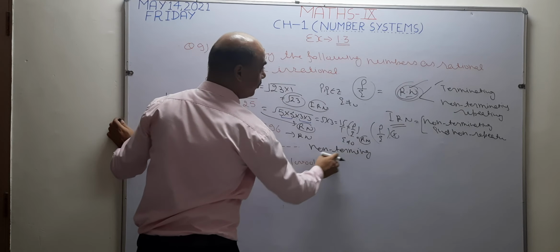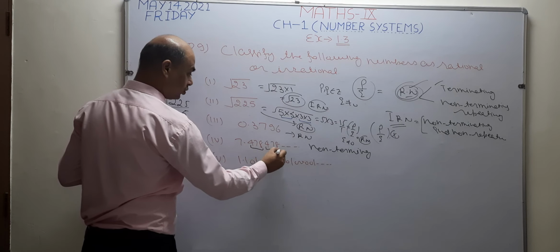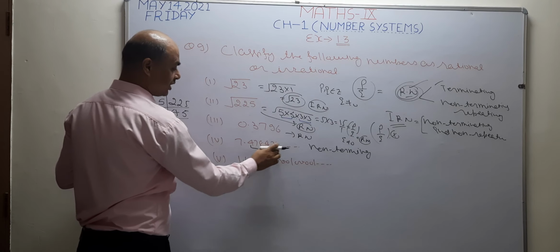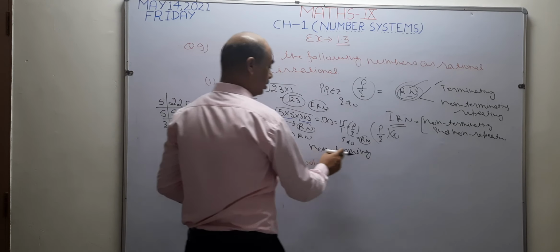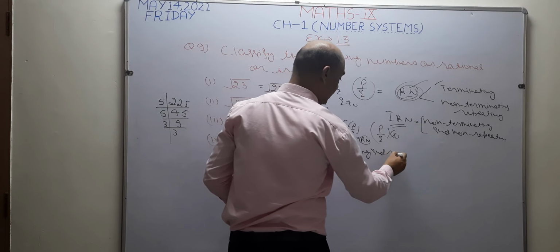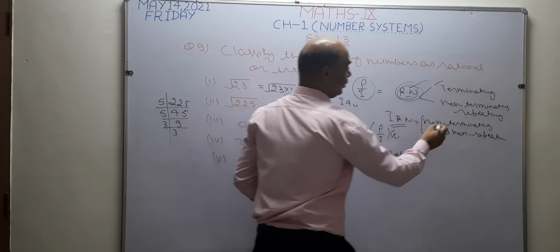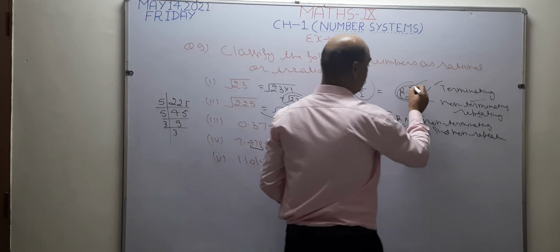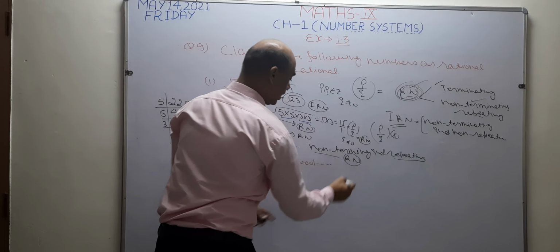Now I want to check whether they are going to repeat or not. See, 4 7 8, 4 7 8. These three numbers are going to repeat again and again. So this decimal becomes non-terminating and repeating. And you know that every non-terminating repeating number is known as a rational number. So this is also a rational number.